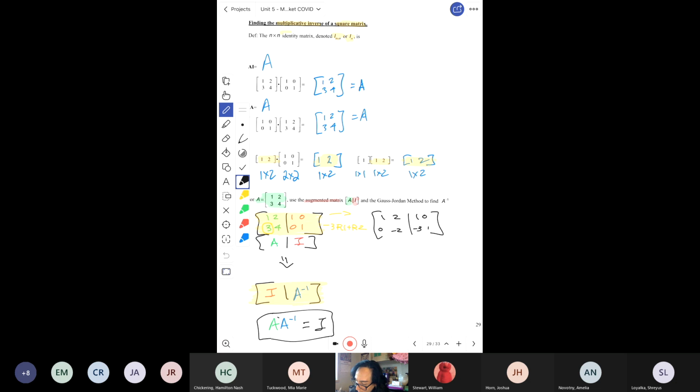Okay, now let's say, and we need to be okay with fractions here, let's say I want to get a 1 here. I'm not going to change the first row, but what would I do to the second row? Divide by a -2. Yes. Or multiply by a -1/2. I like to think of multiplication when it comes to matrices, but either way, they mean the same thing.